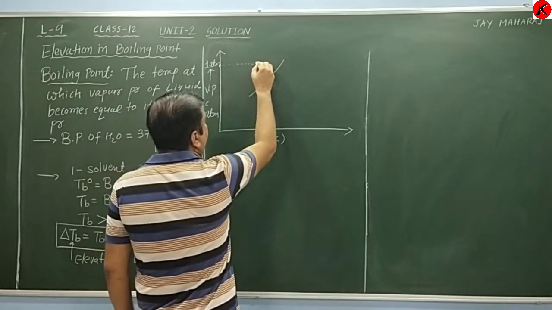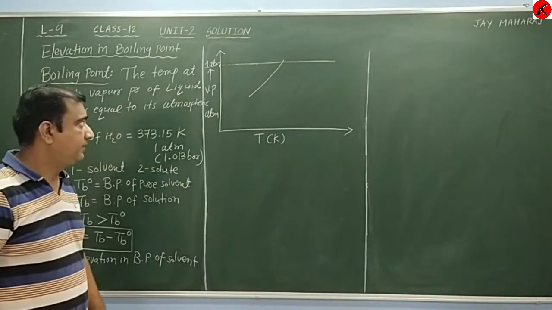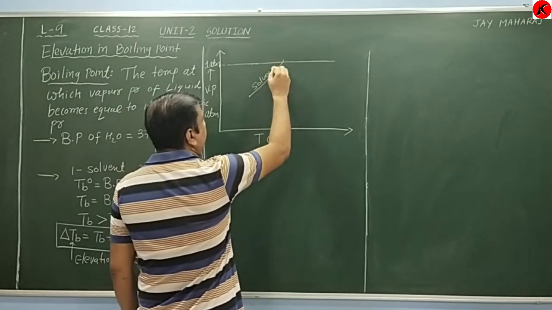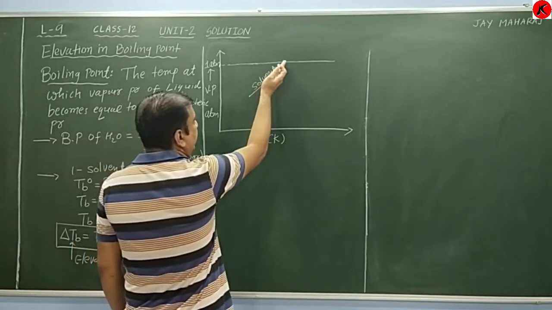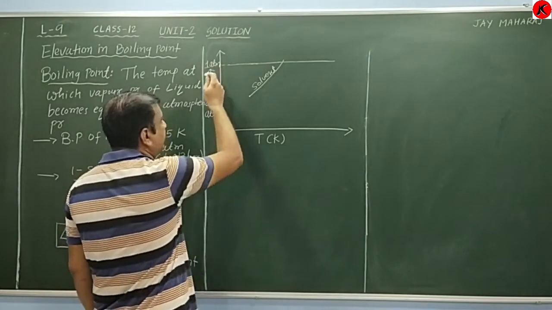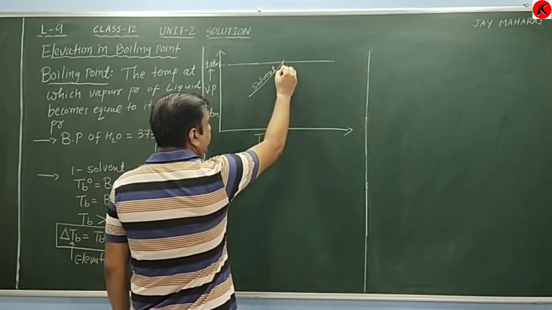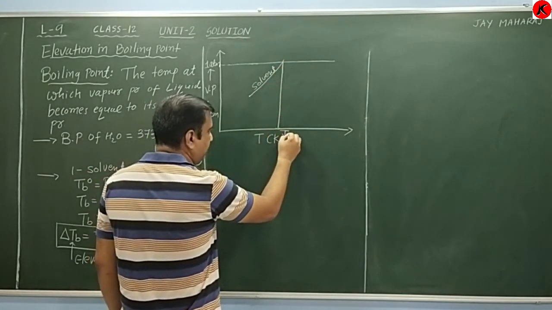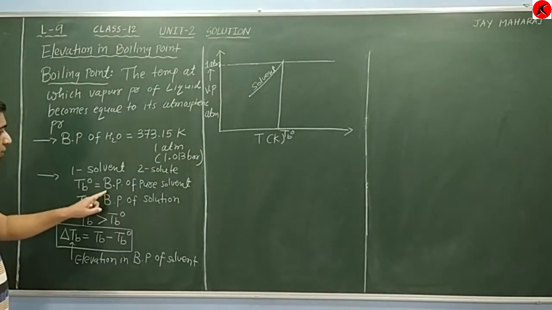This line is for the solvent. As the temperature increases, the vapor pressure of the solvent increases, and finally when it becomes equal to the atmospheric pressure of 1 atm, then this corresponding temperature, TB0, is known as the boiling point of the pure solvent.